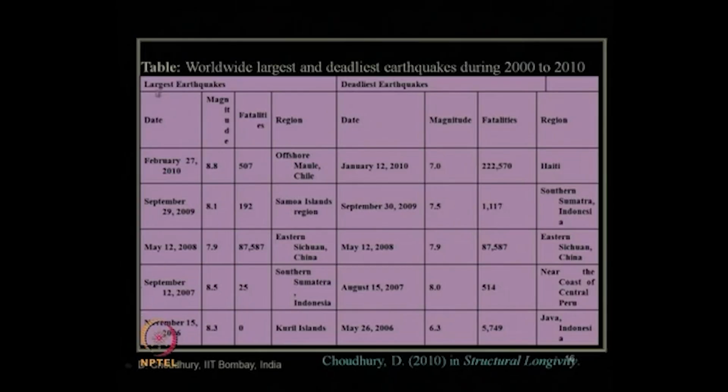It is not necessary that the largest or maximum magnitude earthquake needs to be the deadliest one. That is, it caused the maximum killing of people as well as loss of life and loss of property. Why? Because it may happen that sometimes a large earthquake occurs at a place where the number of people staying is much less, or the number of houses located there is much less, or the houses constructed at that location are very well designed to withstand a large magnitude earthquake.